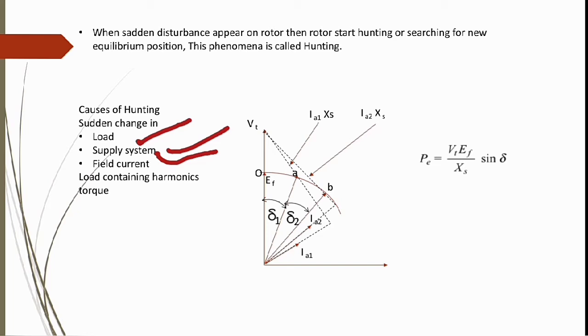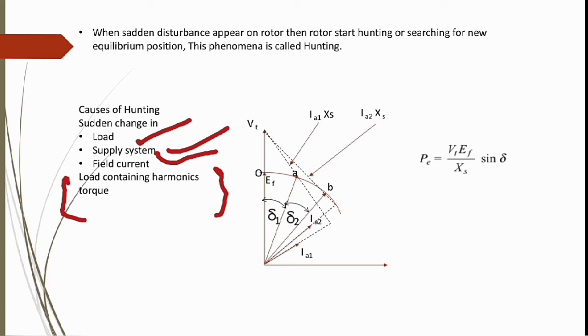And then there are some loads which contain harmonic torque. For example, a compressor is a wonderful example of a load containing harmonic torque. Second is a crank, which also contains harmonic torque.